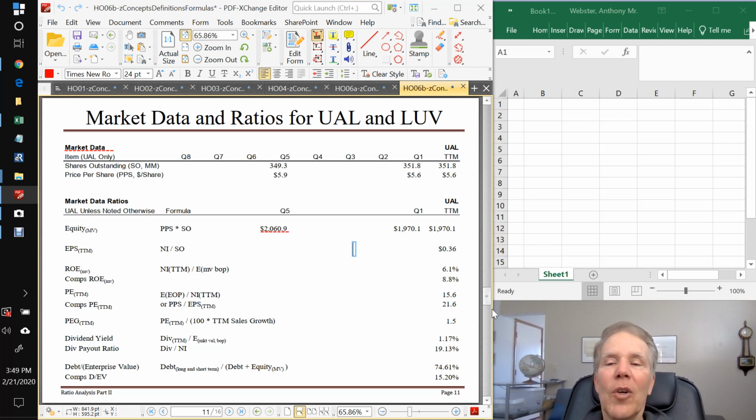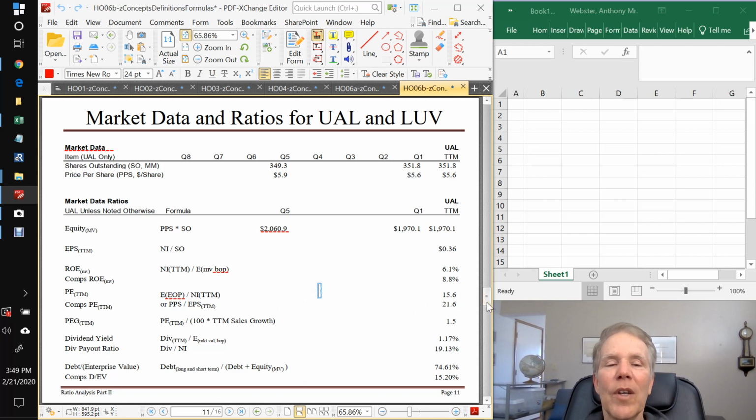We learned a couple of new ratios. We learned the PE, which is very similar to ROE. It kind of looks like 1 over ROE, and the difference is the timing. For ROE, we always want equity beginning of period, and for PE, we always want equity end of period.